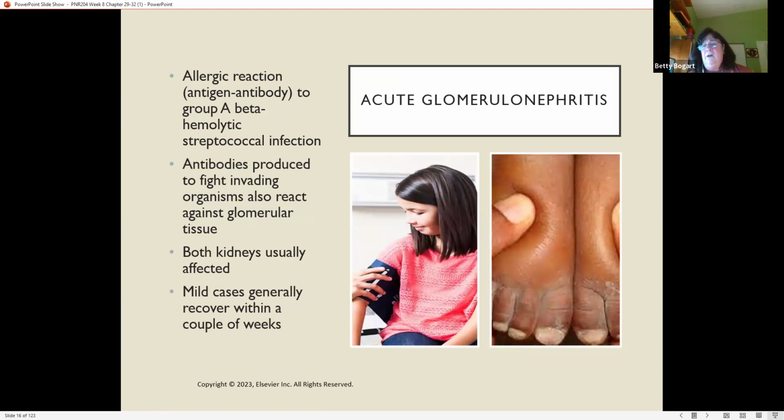Now, we talked about the cardiac, we talked about strep causing rheumatic fever, right? Well, strep can also affect your kidneys and cause acute glomerulonephritis, which means all of a sudden your kidneys stop urinating.